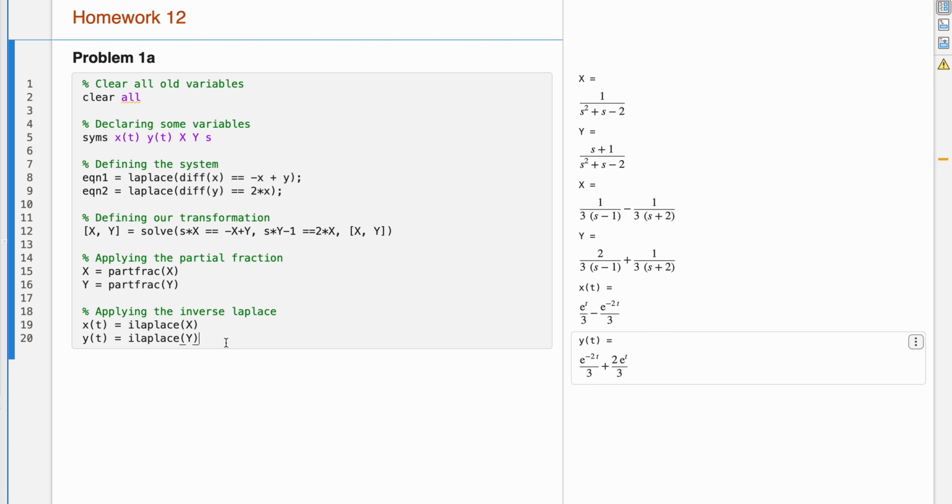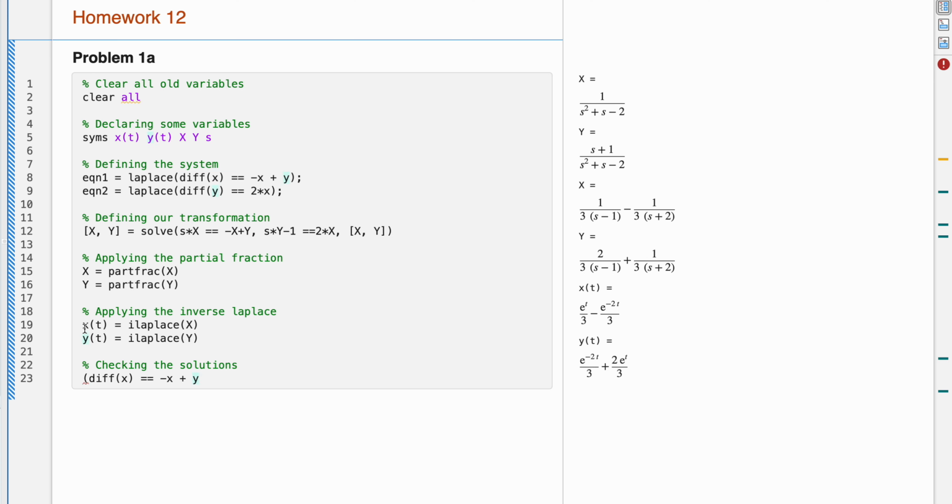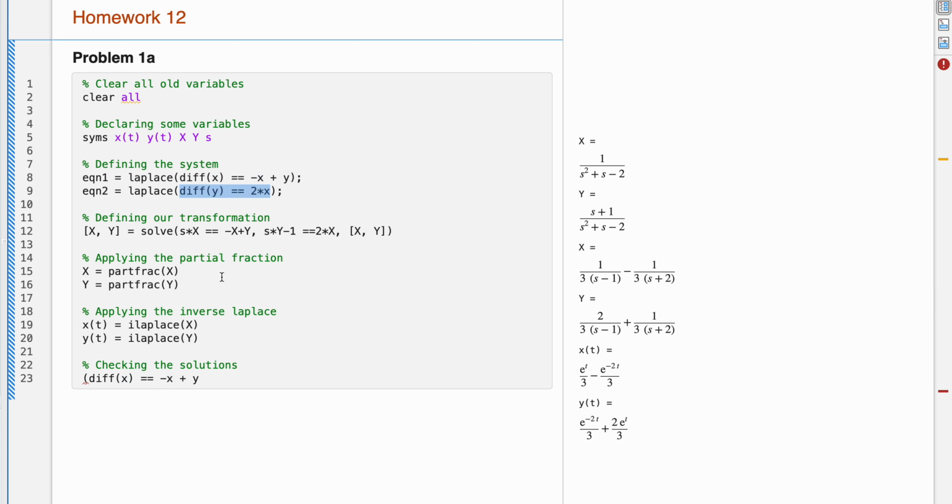That's what we got. Now, if we wanted to be even more sure, we can check the solutions by plugging them back in and see if we get an identity. So remember how we had this? Well, let's see if we get an identity now that we know what x is. And then let's see if we get an identity here now that we know what y is.